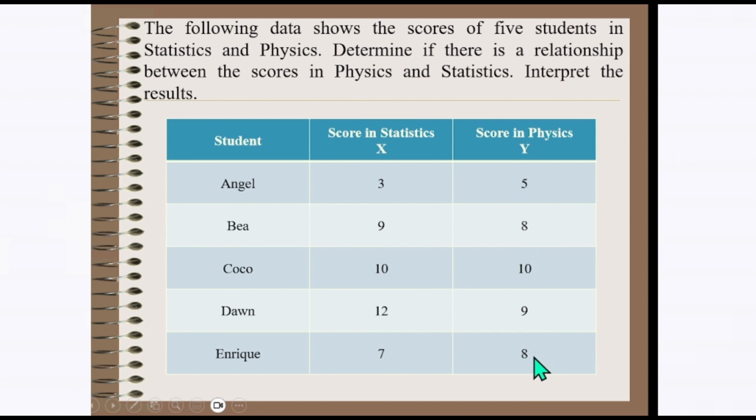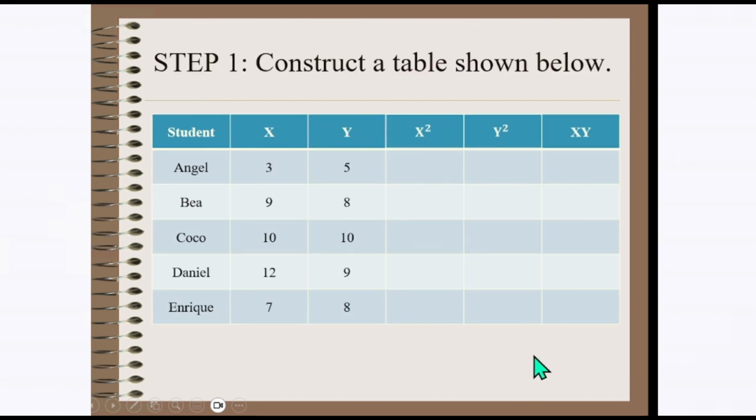The first step is to construct a table: X, Y, X squared, Y squared, and the product XY. Complete the table.